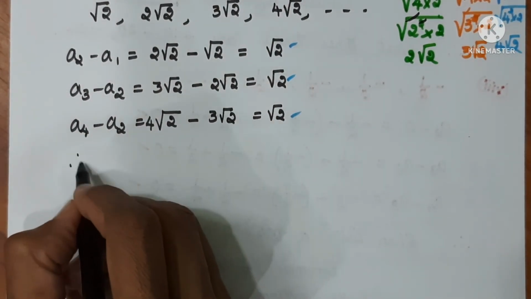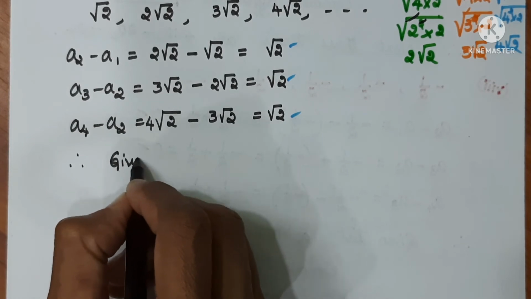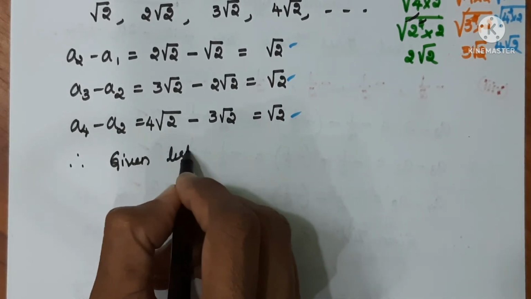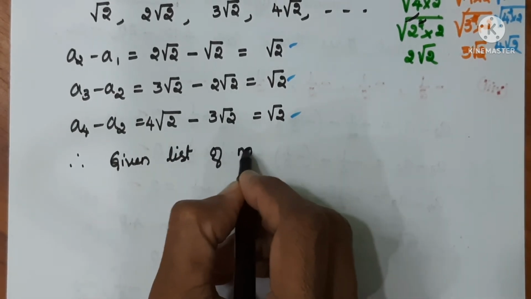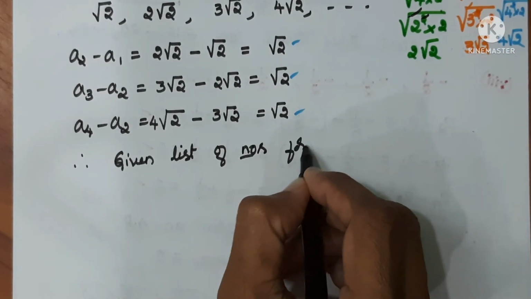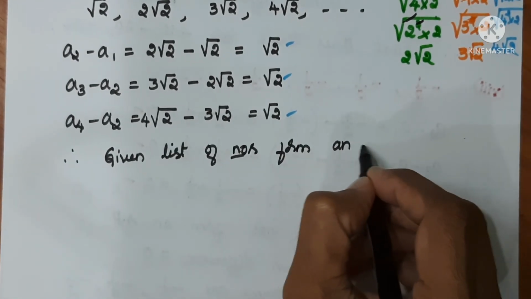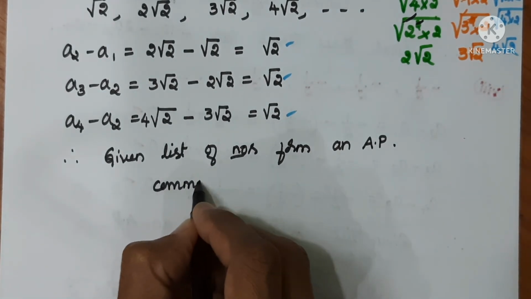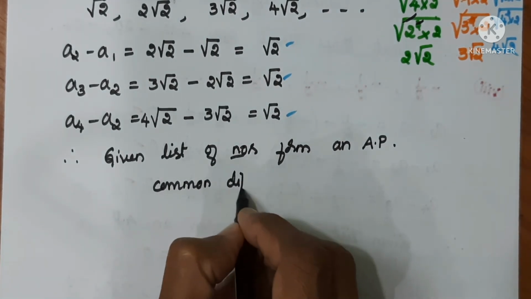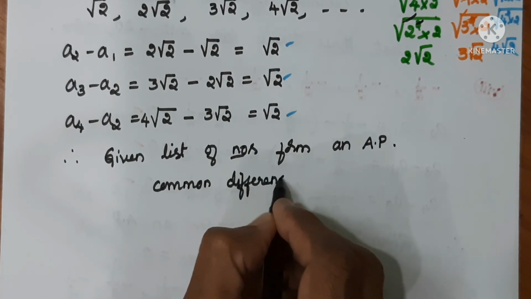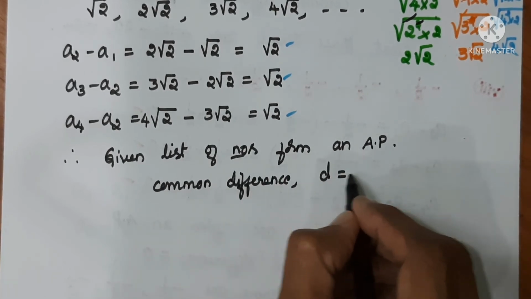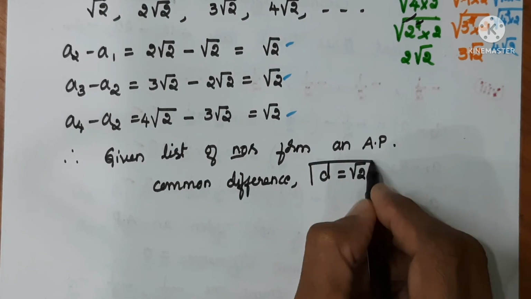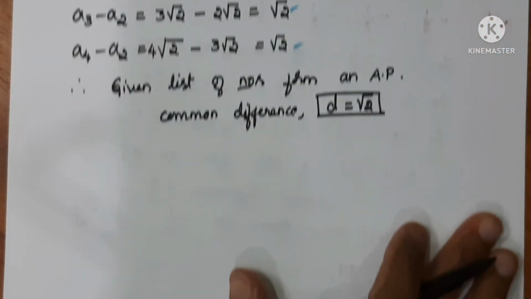Therefore given list of numbers form an AP. Now the common difference D is equal to root 2, and also we have to write the next 3 terms.